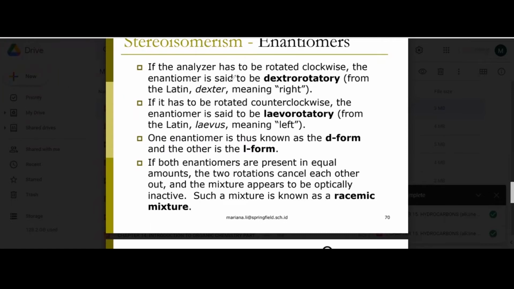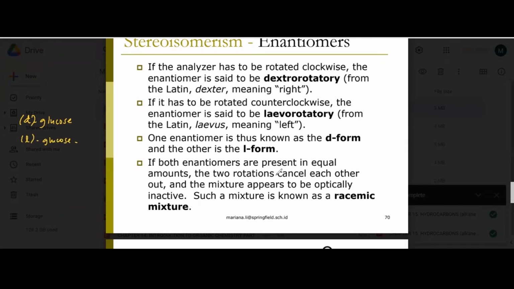So if it is D-glucose, you should put a small d in the bracket, to show that this is glucose that rotates the light clockwise, or it can be L-glucose, rotated counterclockwise. D form and L form.